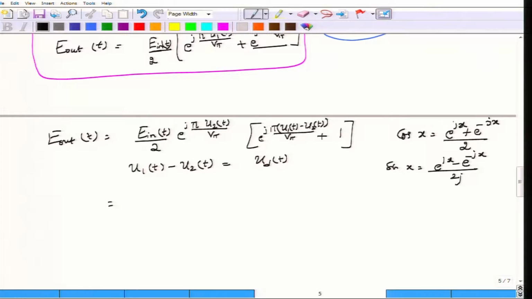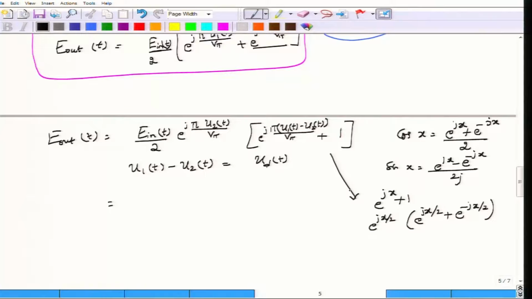So, I can think of the term inside this square bracket as e to the power j x plus 1, and if I take e to the power j x by 2 as a common factor, I can write here e power j x by 2 plus e power minus j x by 2. You can verify this by multiplying e power j x by 2 inside. When you multiply, this becomes e power j x, and here it becomes 1. And remember that x is nothing but pi by v pi into u d of t, right.